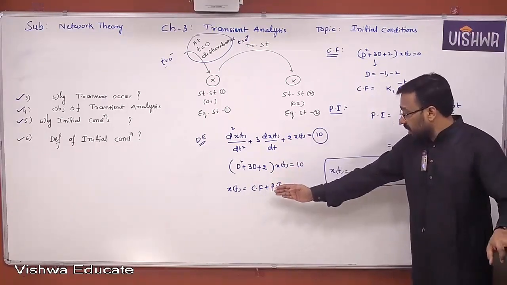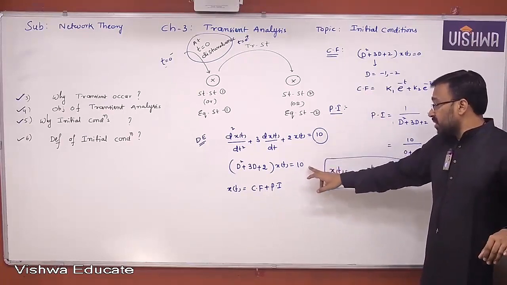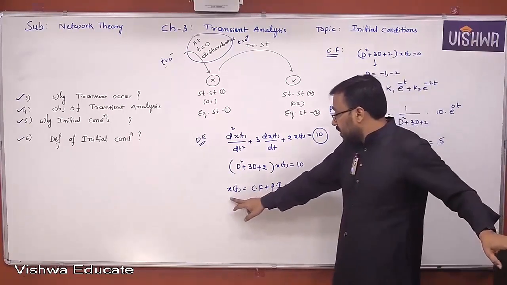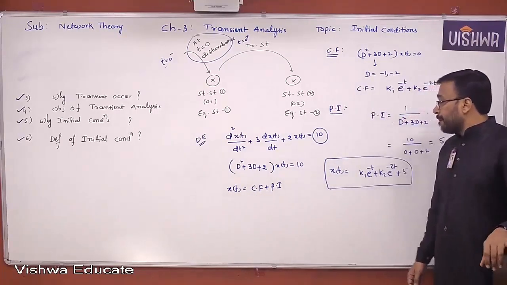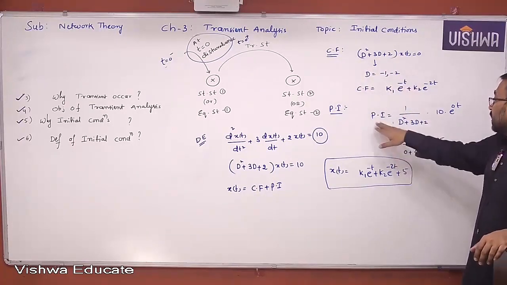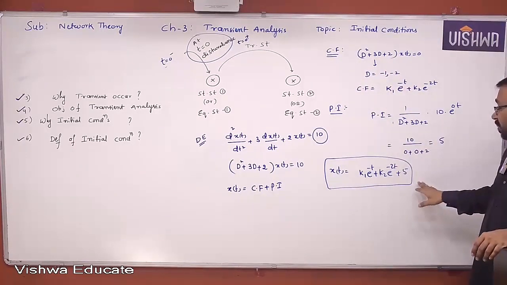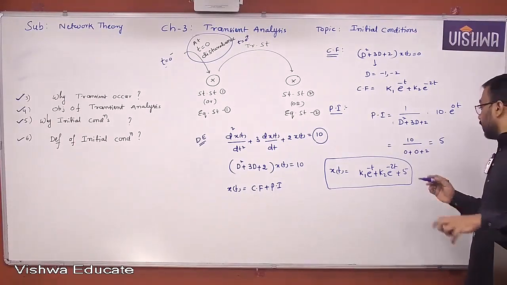You please proceed up to this particular part. Complementary function. Solution of the differential equation. Complete solution, what is that? Complementary function plus particular integral. How do you find the complementary function? You know how to find it, right? Then particular integral. Then please write down up to this particular part. And call this one as equation 1.